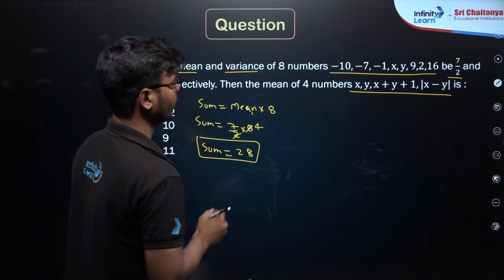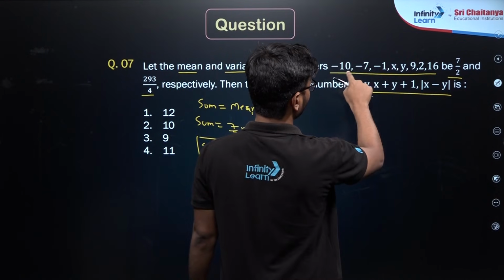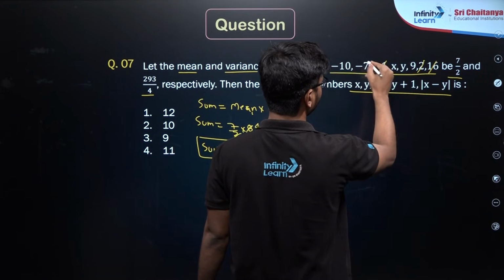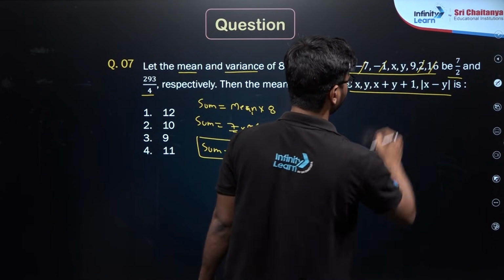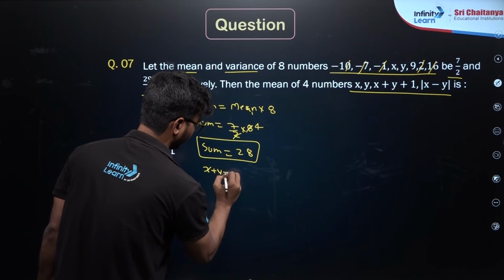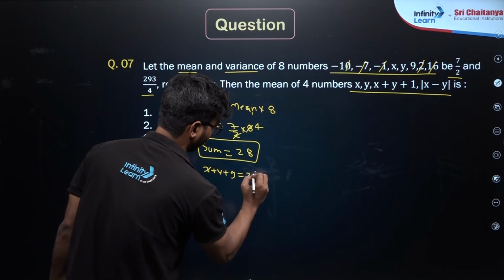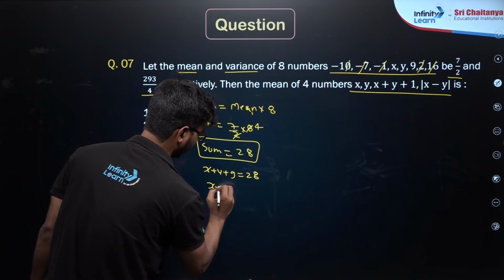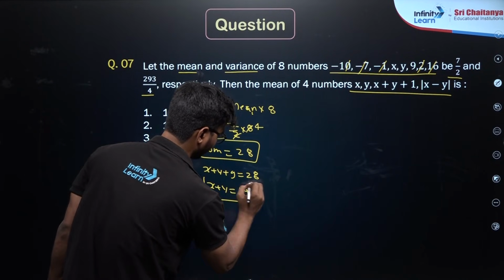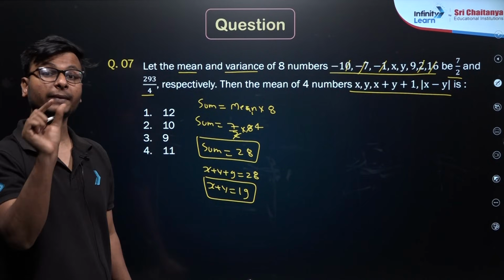So what is the sum? If you add, we are going to get 10 plus 17, 18, 16 plus 12. These are going to cancel. So we are having x plus y plus 9. So x plus y plus 9 is going to be 28. So from here I can write x plus y is equal to 19. This is the one condition we are getting from the mean.